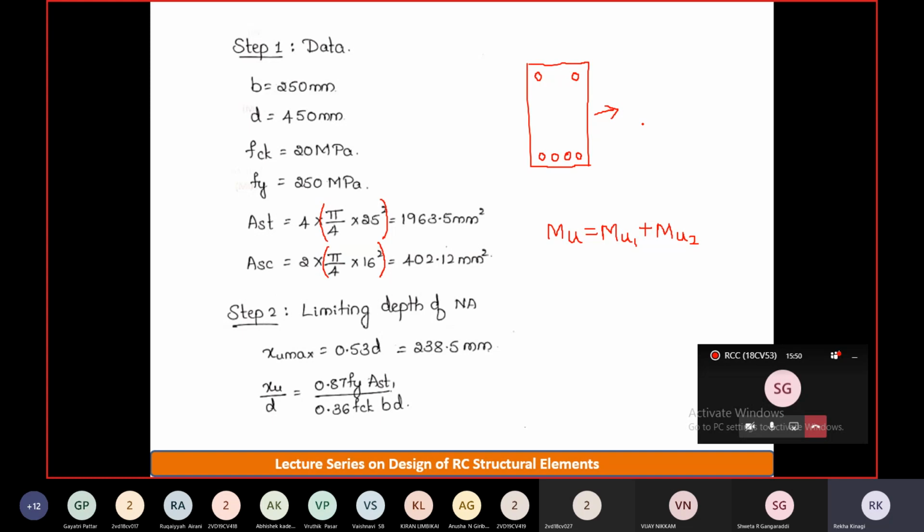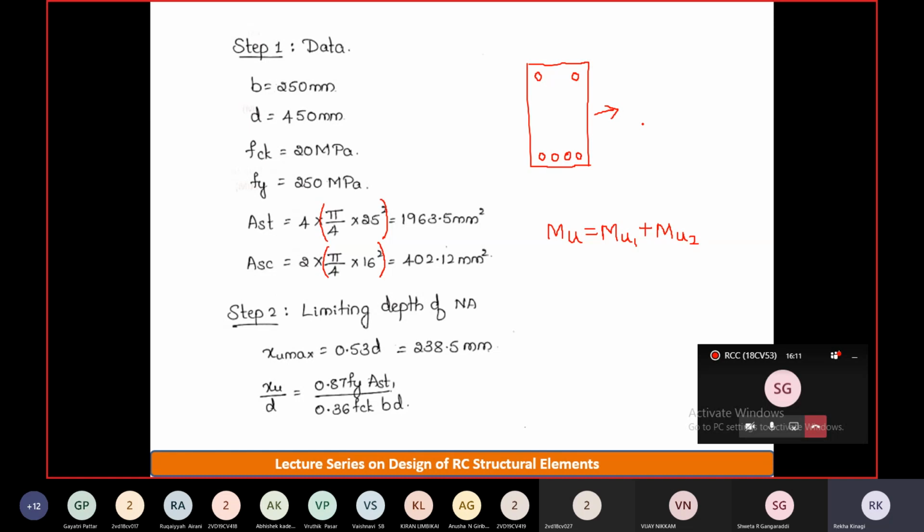We are going to conclude whether the section is over reinforced. By checking the type of section, we can use the different equations given in Annexure G of IS 456. So the same thing we are going to proceed with now.